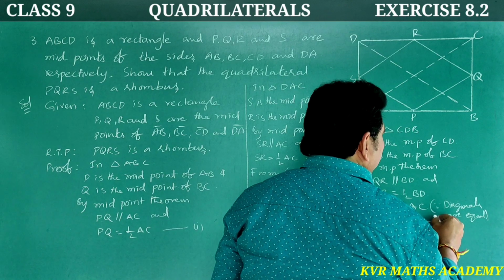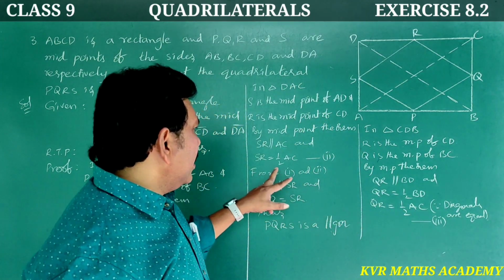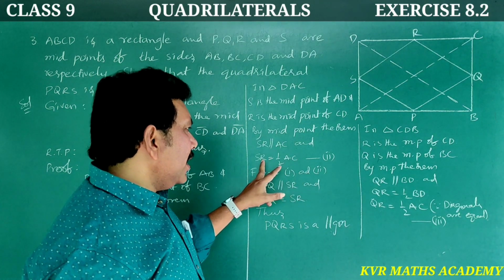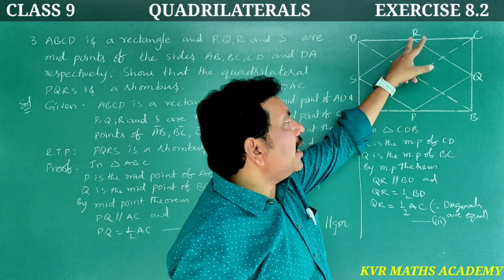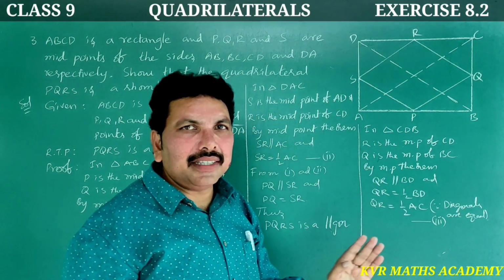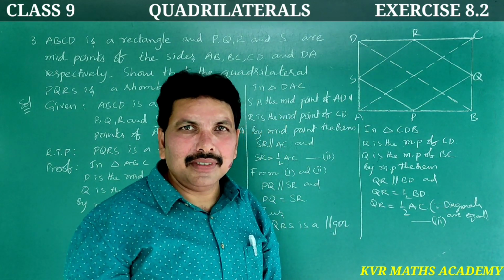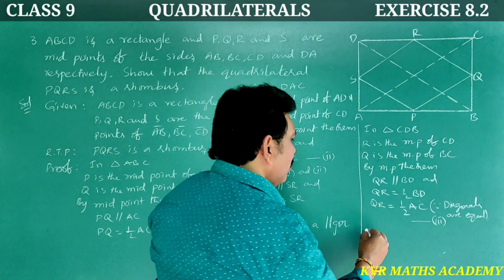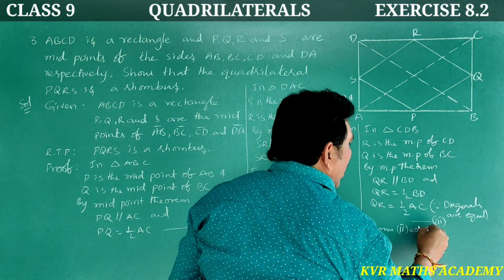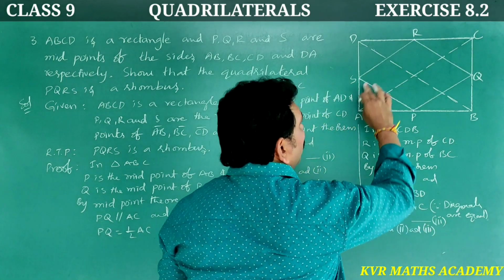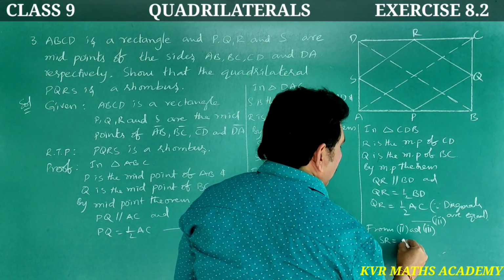Let us call this 3. So here QR is equal to half AC, and here SR is equal to half AC, which means automatically SR is equal to QR. SR equal to QR means two adjacent sides are equal, right? Two adjacent sides equal in a parallelogram is a rhombus. So from 2 and 3, SR is equal to RQ.